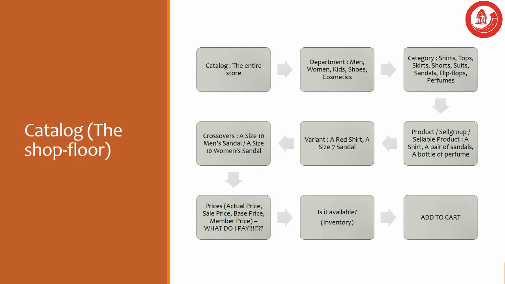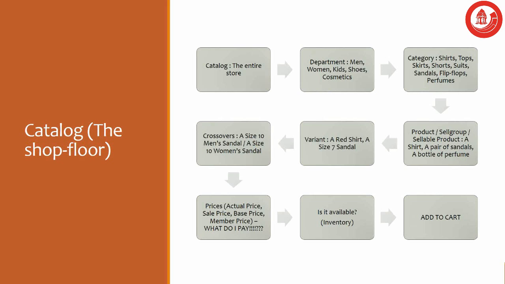So after all of that, you add the product to cart. Again, imagine yourself in a store. You have a cart that you are dragging along with you. You found something that you liked, so you put it in your cart, and that's what the add to cart button does online. When you click on the add to cart button, a few things happen.